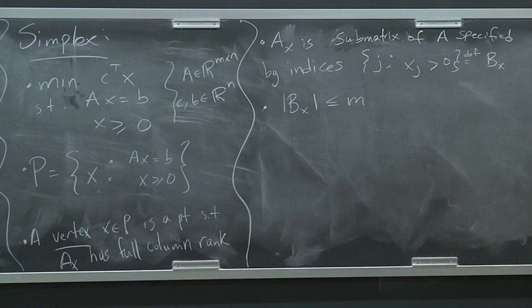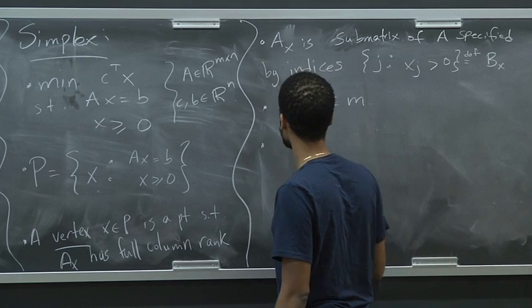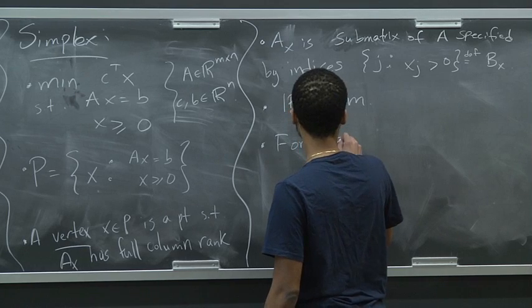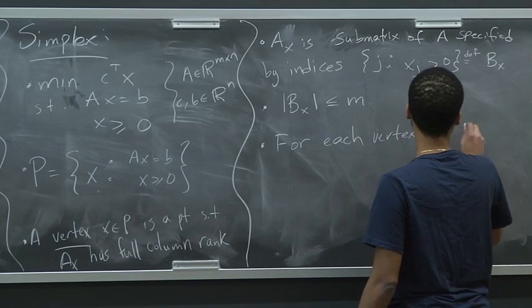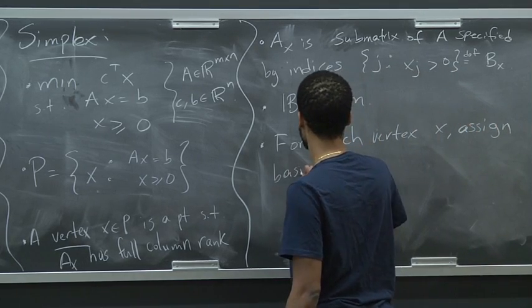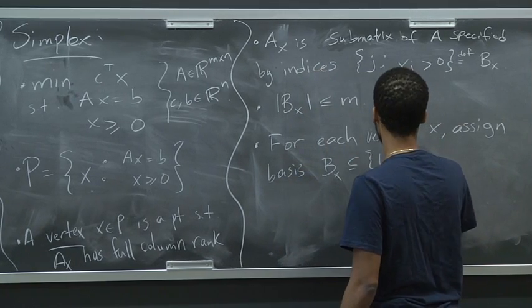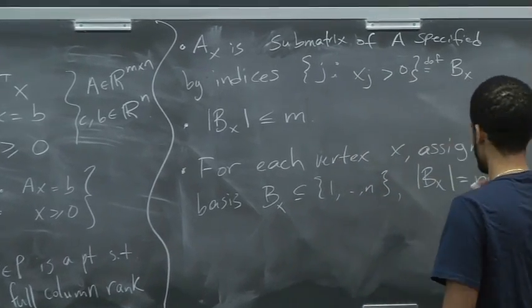Okay, so the basic idea of simplex was then, for each vertex x, assign a basis B of x, which is a subset of 1 to n, such that the size of B_x is exactly m.